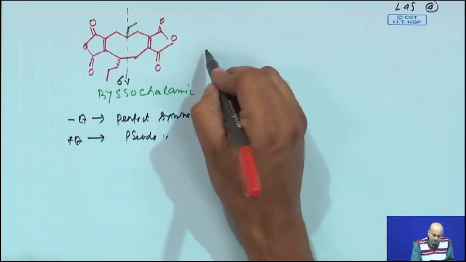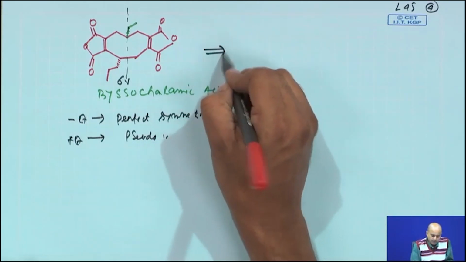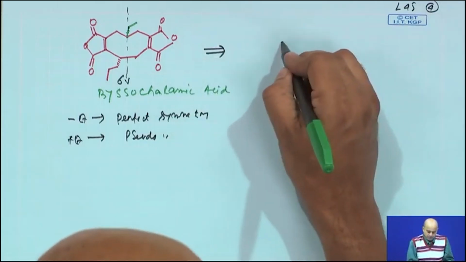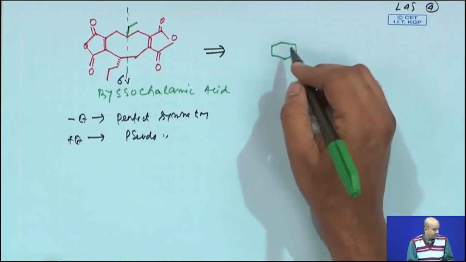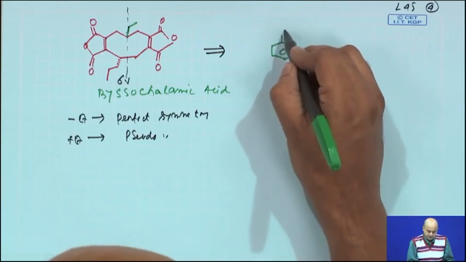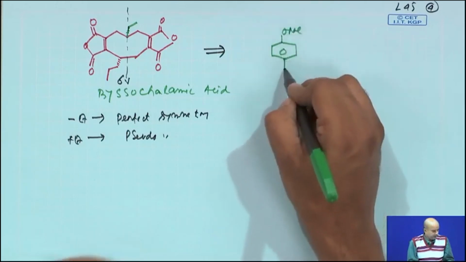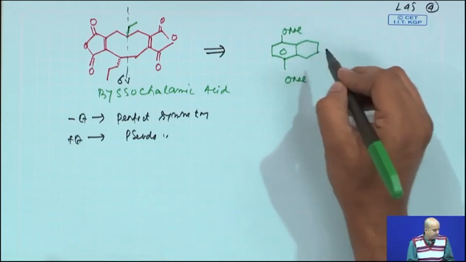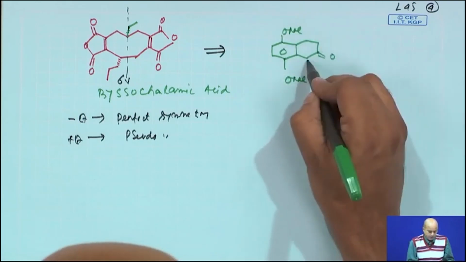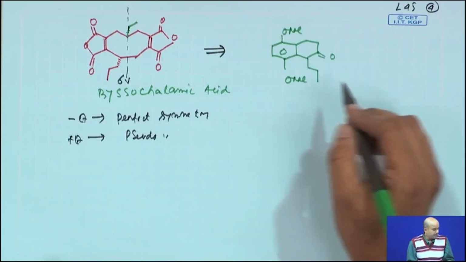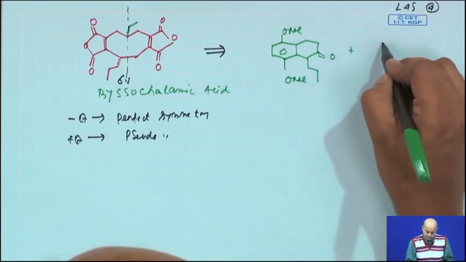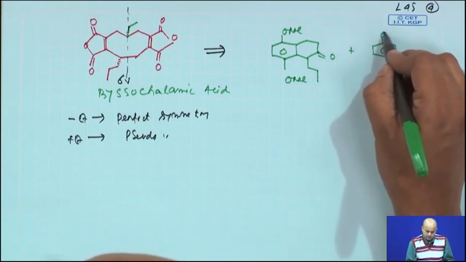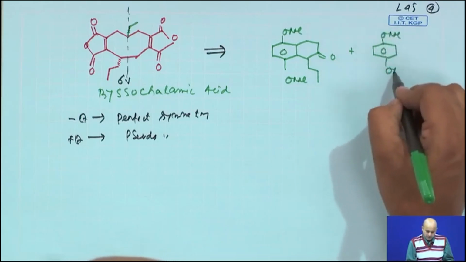So, now we will analyze how this molecule can be retrosynthetically disconnected, and it was shown that this molecule can be synthesized from these two intermediates. One of the intermediates is a pseudo symmetrical intermediate and one of the intermediates is a local symmetrical intermediate. Now, we will explain how.